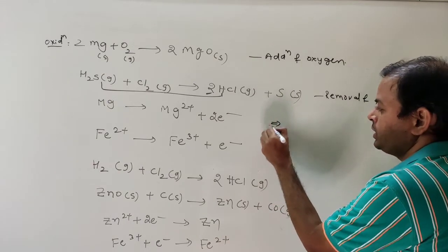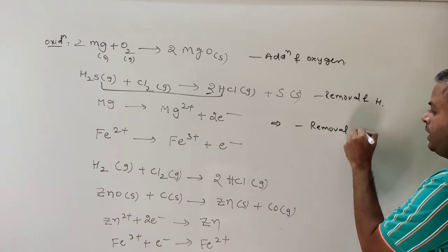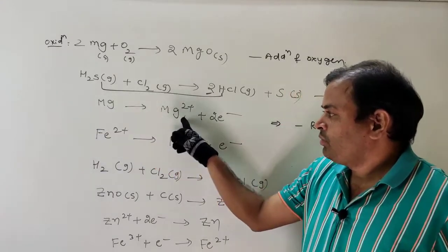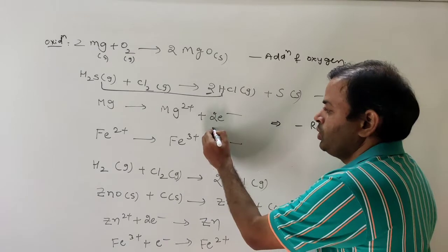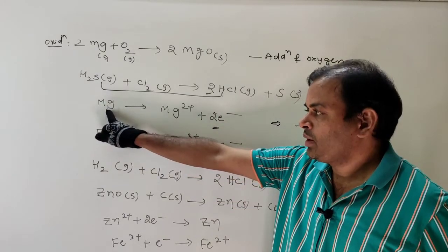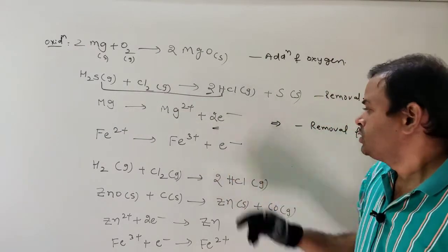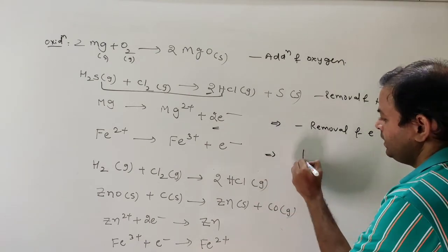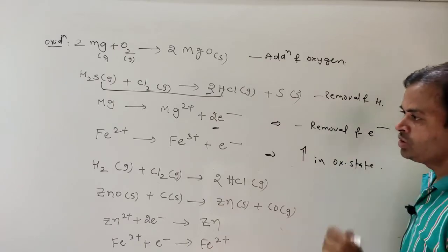And next, removal of electrons. Here magnesium is converted to Mg2+ plus 2 electrons. By losing 2 electrons, magnesium is converted into magnesium 2 plus. That means it is removal of electrons. And next, increase in oxidation state.